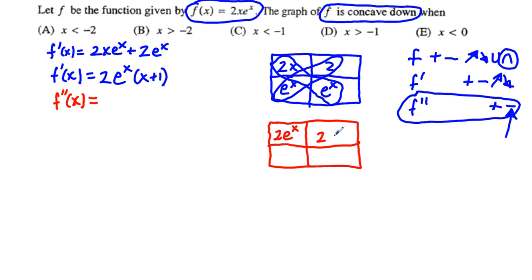It's going to be the same, 2e to the x power. And then as a product of two functions, we're going to have x plus 1 here, and then just 1 over here. So we're going to have 2e to the x times 1, plus 2e to the x times quantity x plus 1.